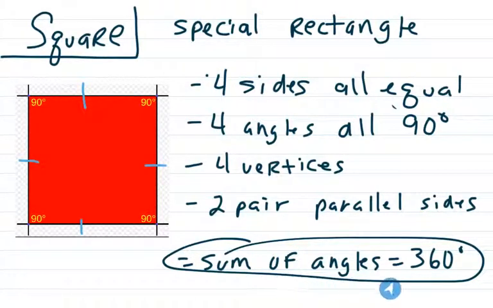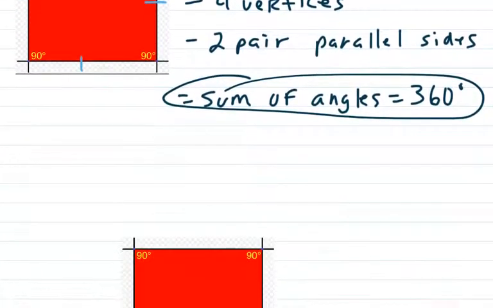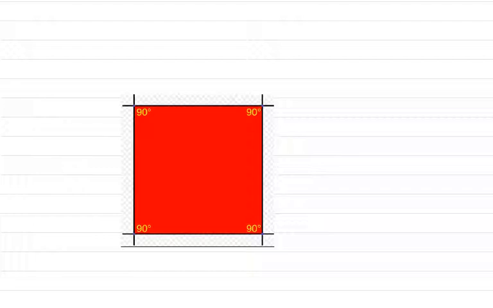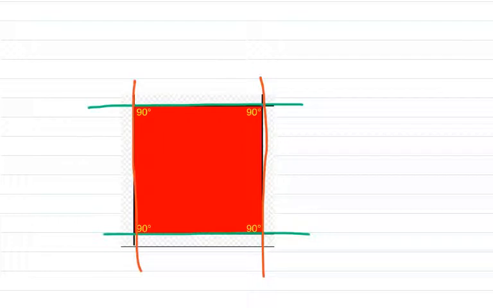And all of the angles add up to 360 degrees. If you add up 90, 90, 90, and 90, you will get 360 degrees. And when we look at our parallel sides on our square, one pair here, then I have another pair on this side.